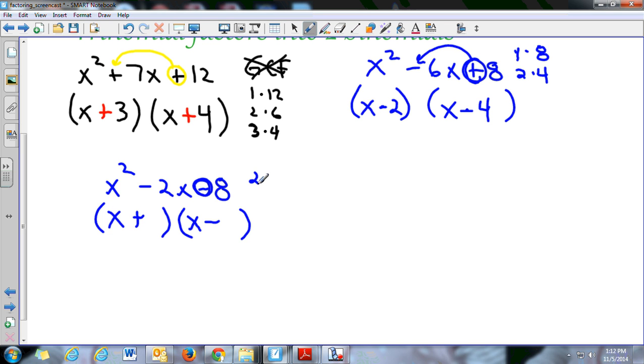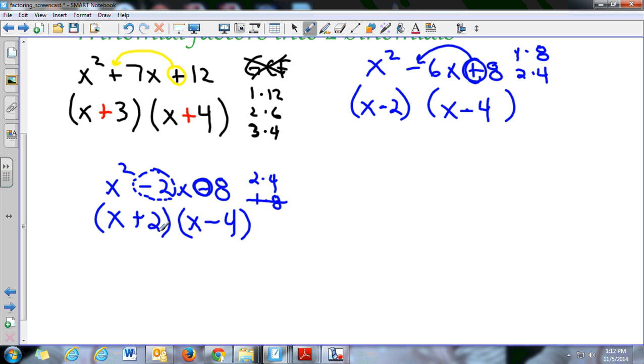So I'm looking at factors of 8: 2 and 4, 1 times 8. Which pair of factors where one's a positive and one's a negative gives me the best chance to come out with negative 2? Probably not 1 and 8. 4 and 2 might give me that negative 2. Which one's which? Well, I want the negative with my 4 here, so that means that my bigger factor should be negative and my smaller factor should be positive.